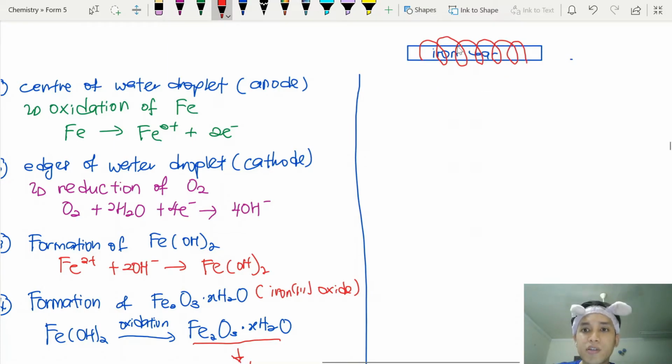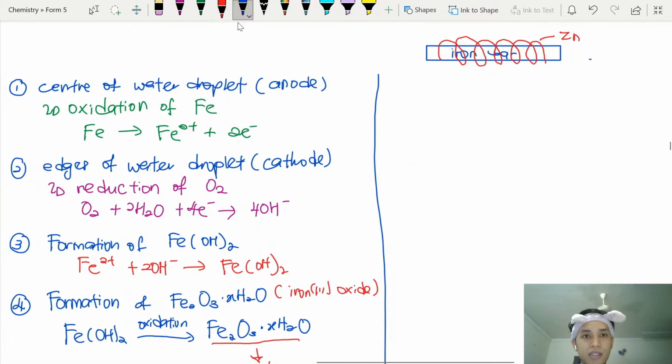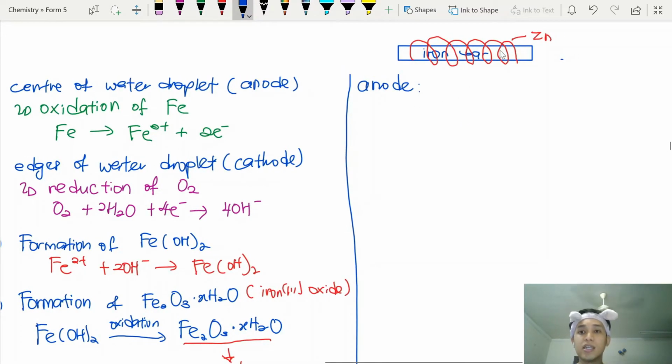Let's say I wrap it with zinc, this is zinc. What is going to happen here is at the anode. In our electrochemical series, if you are higher, you will be oxidized. When we compare zinc and iron, zinc is higher than iron. So zinc will be oxidized instead of iron.